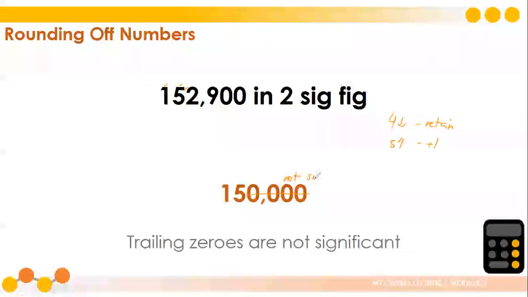We only have these 2 as significant figures. So our answer, which is 150,000, is still correct. And then we have the value here, which is 2, so we still retained the number before it.